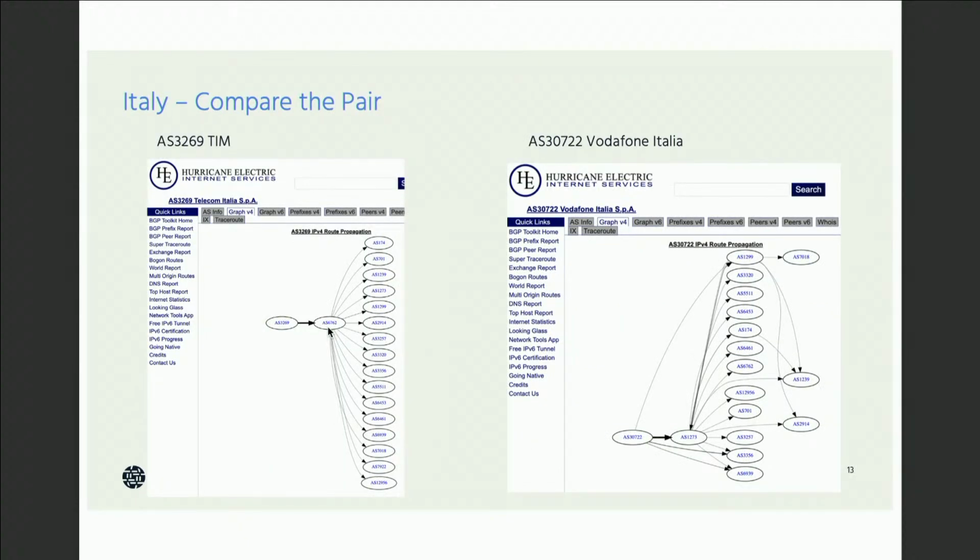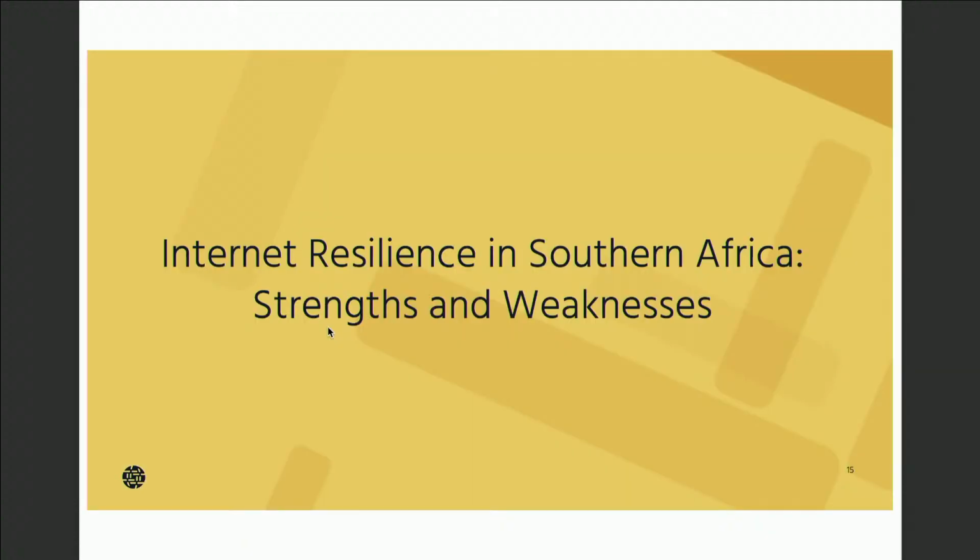This is how it looks on Hurricane Electric. On the left, this is Telecom Italia. As you can see, only one provider. And I bet this case is very similar in a lot of countries across the world. If we look at their competitor, Vodafone Italia, you can see that they have many providers, at least 3 providers. So it shows a higher level of redundancy here.